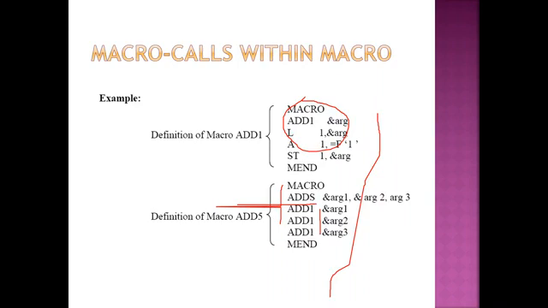So this other macro is defined here. ADD1 is a macro defined here. It only has instructions; there is no macro inside it. The name of the macro is ADD1.